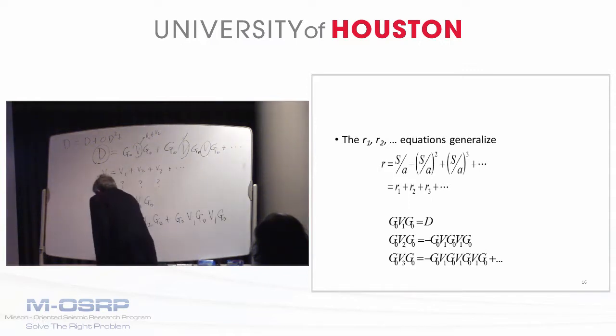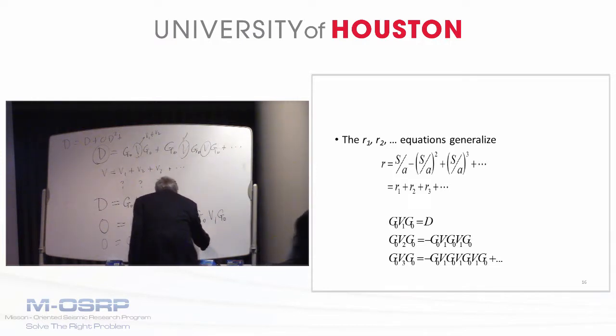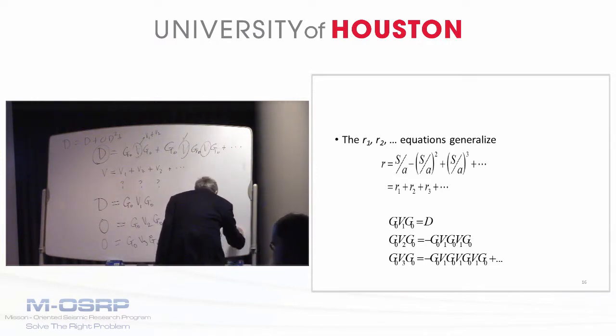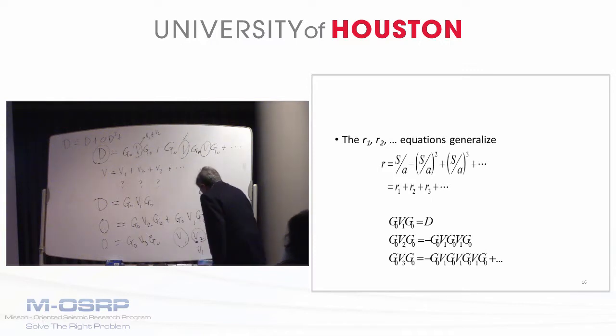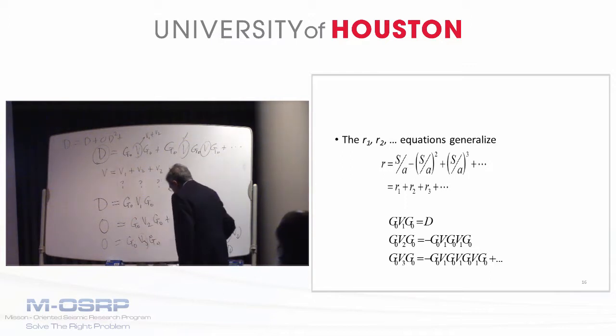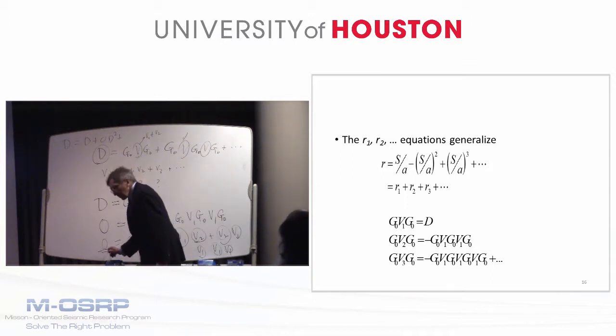And then 0 for cubic. I'm not going to write all. You get V1, V2, V2, V1, V1, V1, V1. These are all cubic in the data. So cubic in the data on the left is 0.